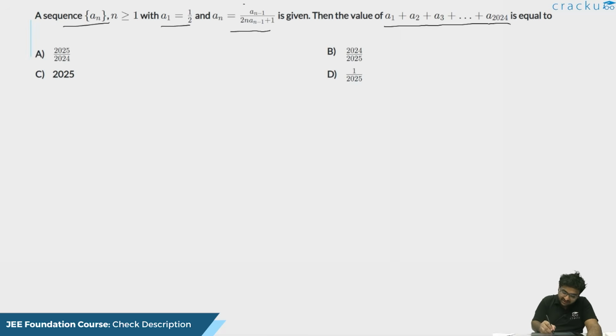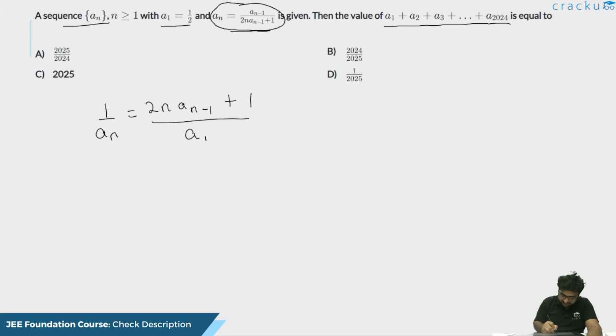So if we look at this equation and reciprocate it, 1 by an will be what? 2 times n, an minus 1, plus 1 upon an minus 1. So this will be equal to what? 1 by n. If I take an minus 1 separately on both of them, so an minus 1 will get cancelled.